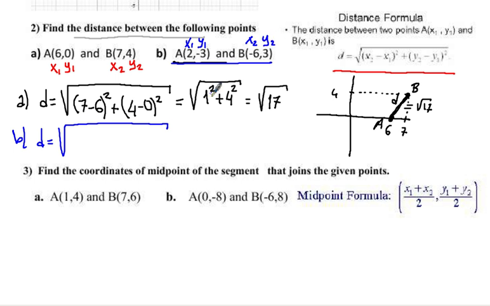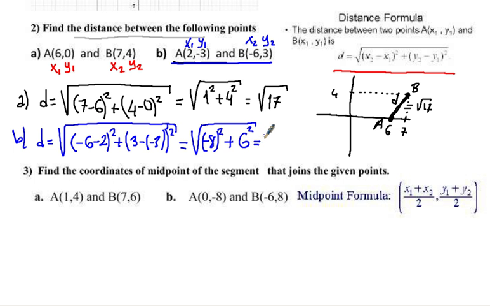Okay, so x2 minus x1, which is minus 6 minus 2 squared, and plus y2 minus y1 is 3 minus minus 3, and square of it. In the first parenthesis we have negative 8, and negative 8 squared, plus, and here we have 3 minus minus 3, which is 6 squared.